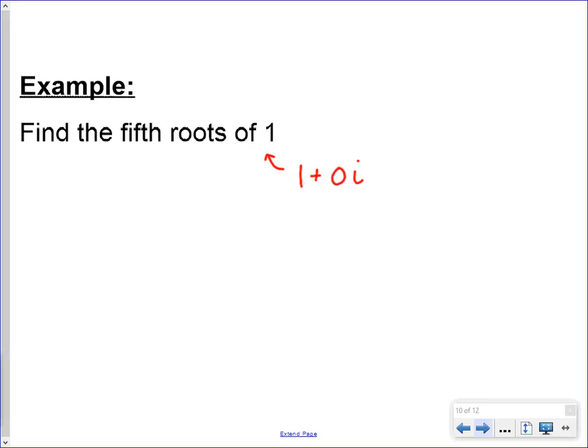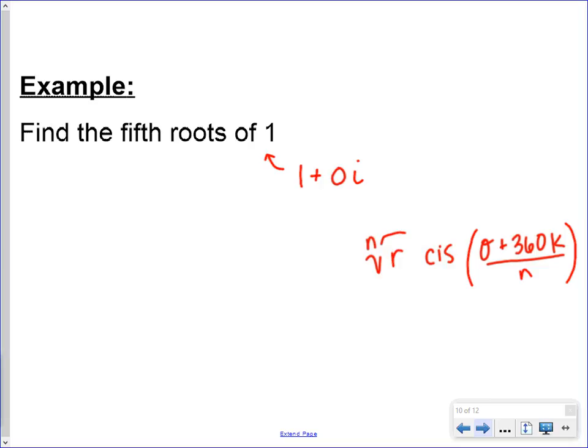The other thing that you can do on a problem like this is if you'd rather work in degrees, then you can adjust to do the nth root of r, cis, and do theta plus 360k divided by n. So if you want to give your answer, switch back into degree mode.